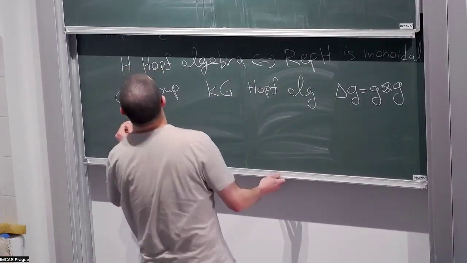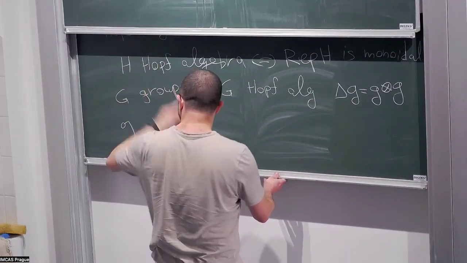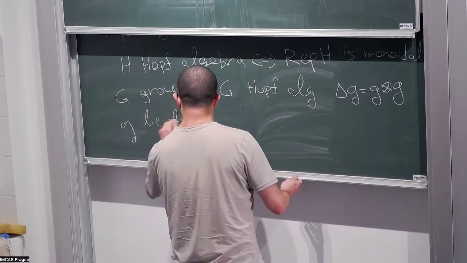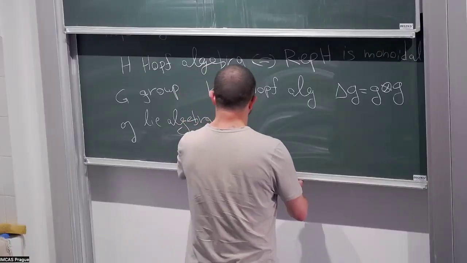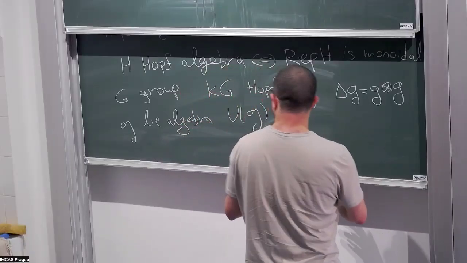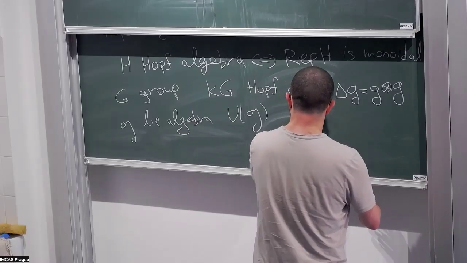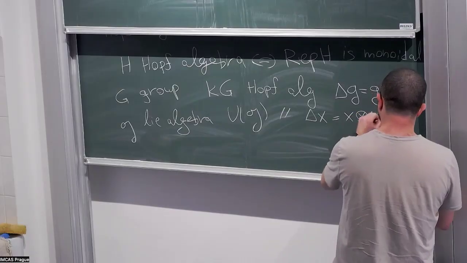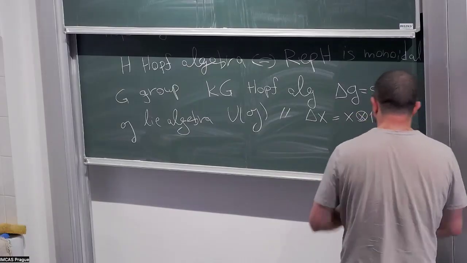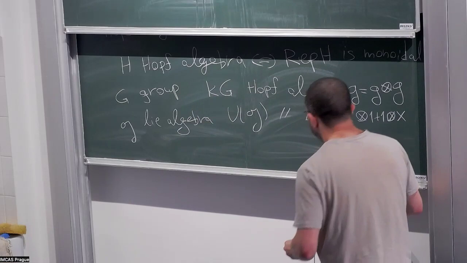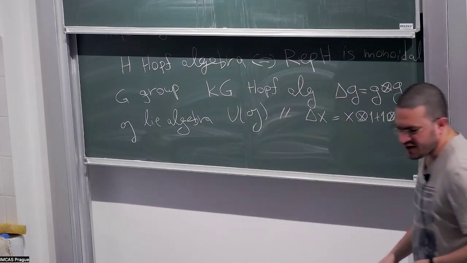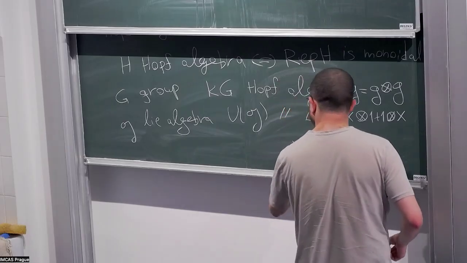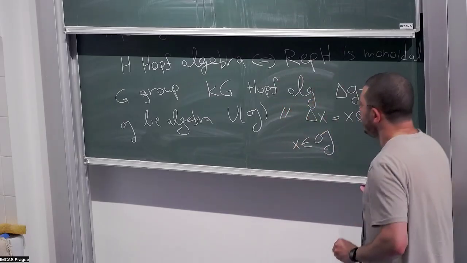Second, if g is a Lie algebra, I can take the universal enveloping algebra U(g). This is also a Hopf algebra, with delta of x equal to x tensor 1 plus 1 tensor x. This is just another way to say the Leibniz rule, where we think of the elements of the Lie algebra as derivations, so x is inside g.